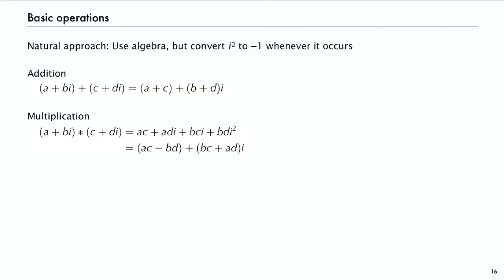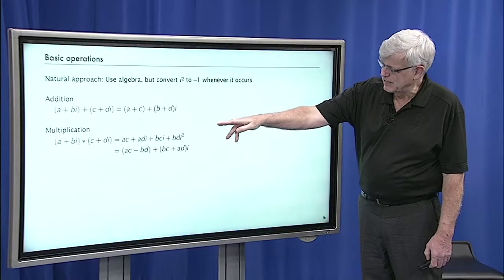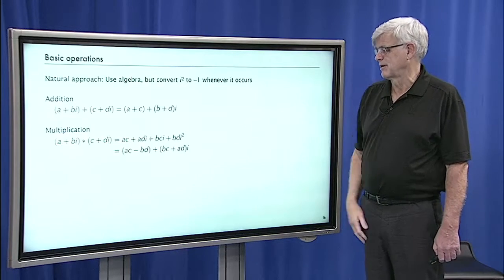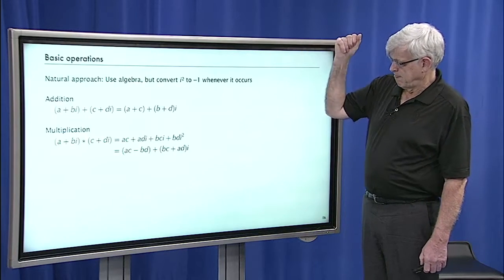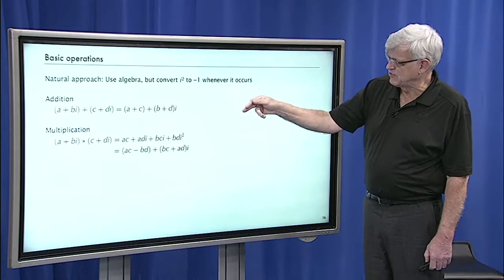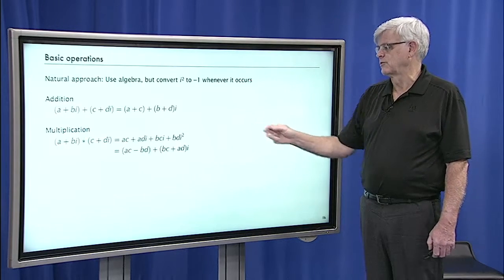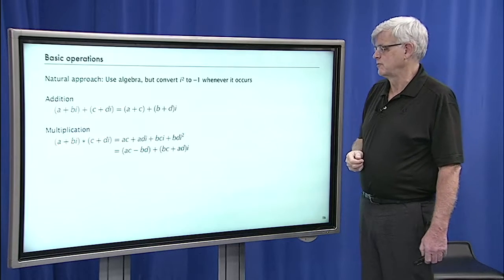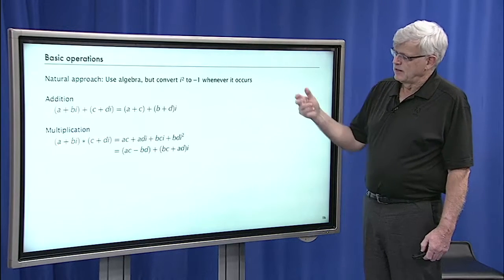So bi times di, which is bd i squared, becomes minus bd. That goes into the real part. And then bci and adi go to the imaginary part. So that's the definition of multiplication of two complex numbers.